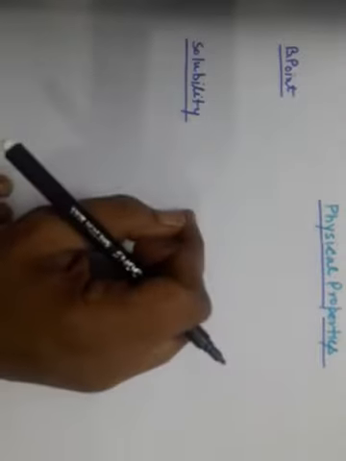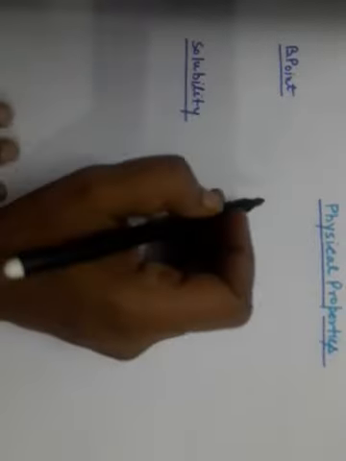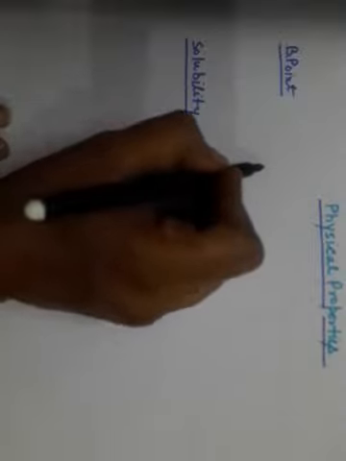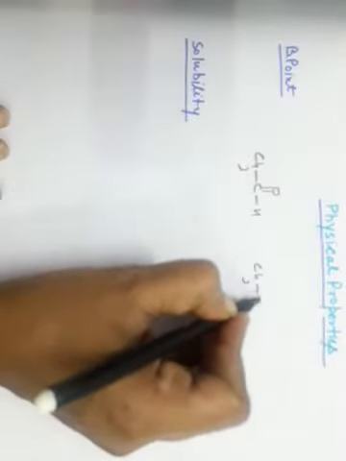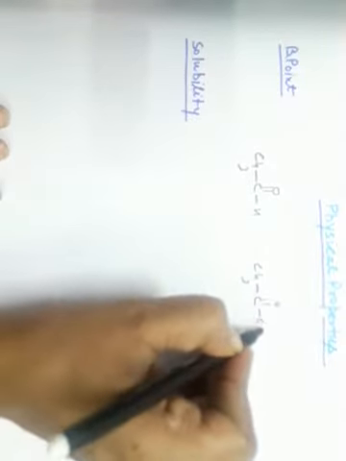Now we are going to discuss the physical properties of aldehydes and ketones. The first property is the boiling point. Let's discuss how the boiling point varies. In the case of aldehydes and ketones, only dipole-dipole interaction is present. Let's take the example of any aldehyde or the simplest ketone.